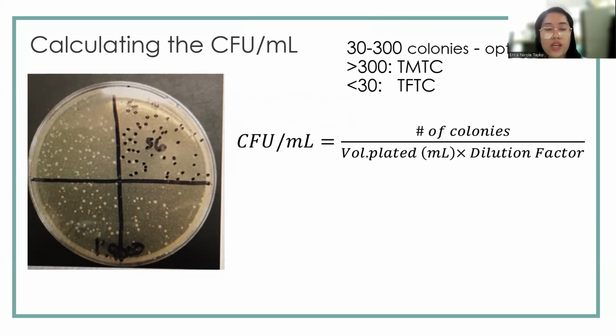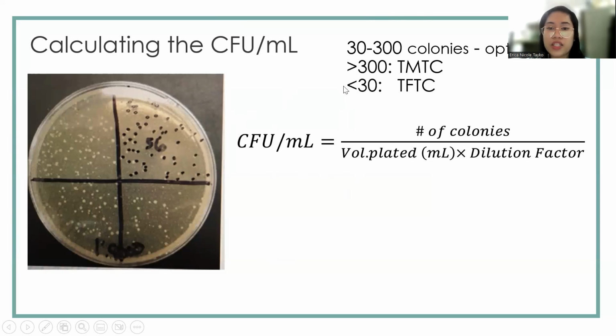When we calculate the colony forming units per ml, we choose the plate with the optimum number of colonies. In this case, we choose the plate with about 30 to 300 colonies present. If the number of colonies is too many, above 300, then it is labeled as TMTC, or too many to count.